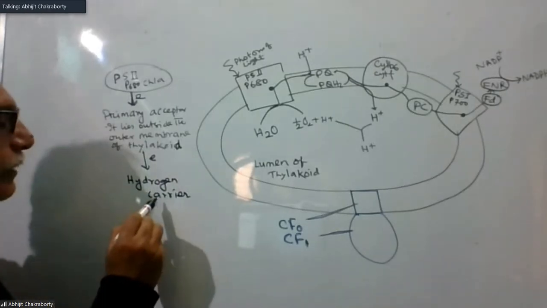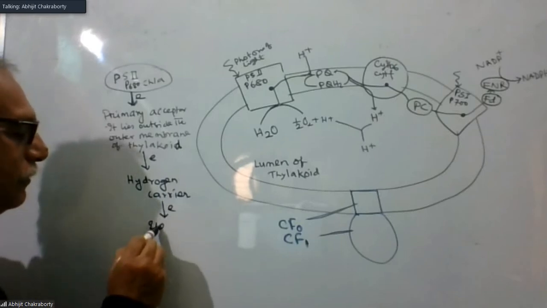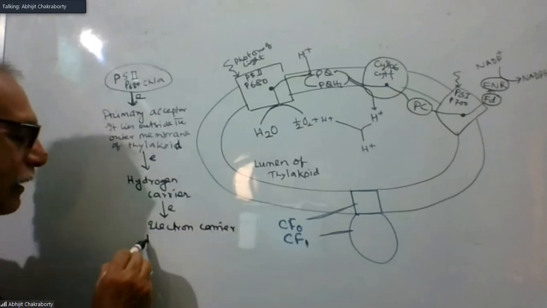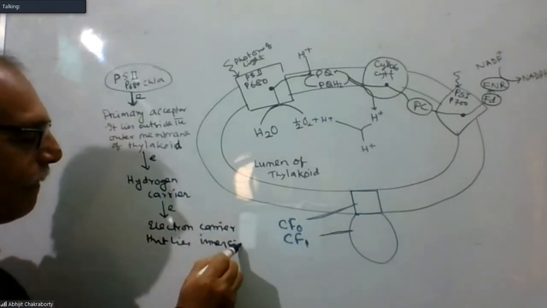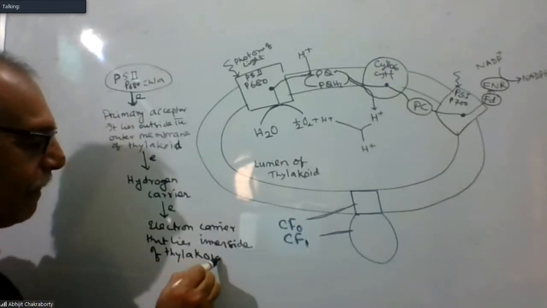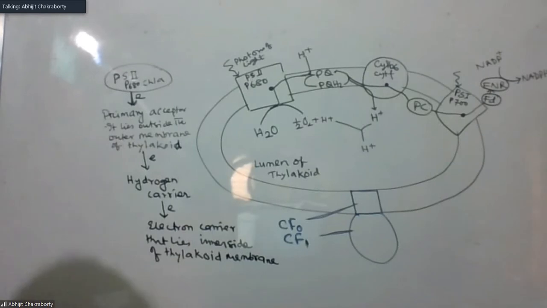And the hydrogen carrier, it is an electron carrier that lies on the inner side. While carrying electron to the inner side of the thylakoid membrane, it also carries protons along with it.